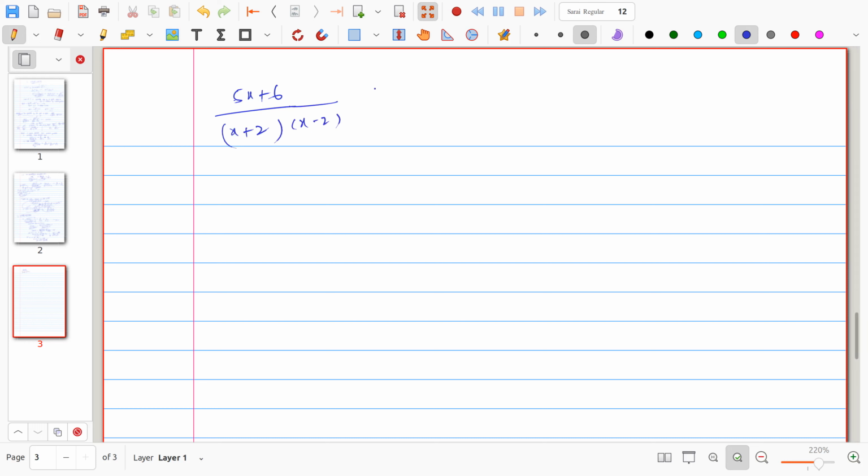Okay, the A value is 1 divided by (x + 2), the B value is 4 divided by (x - 2). Okay, this is the way to resolve the partial fractions.